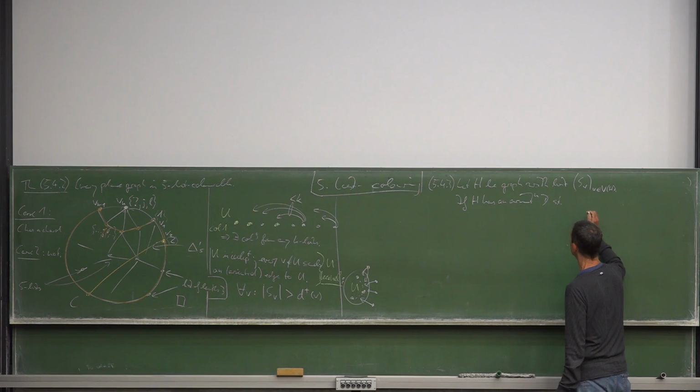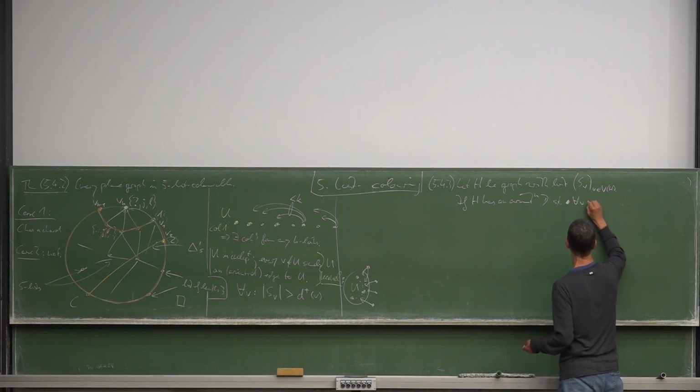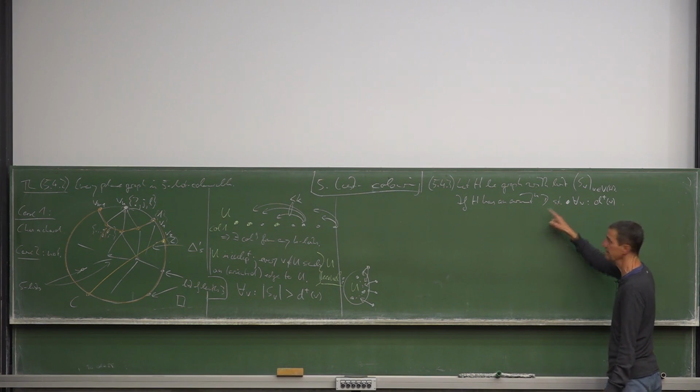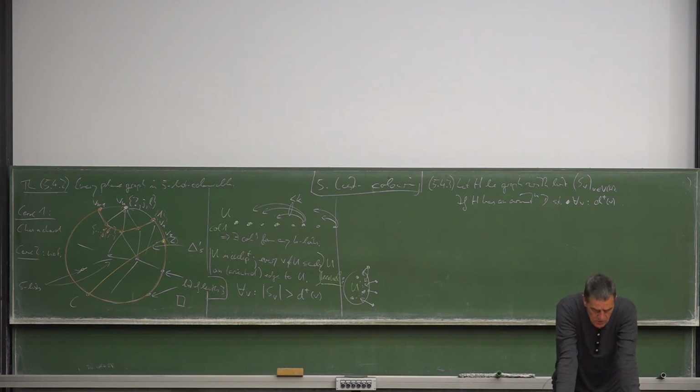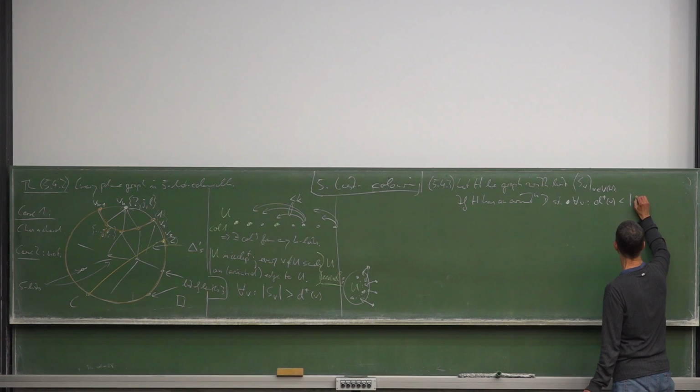So let me give the degree condition first, such that for every V, the out degree of V in this orientation is smaller than the list length.